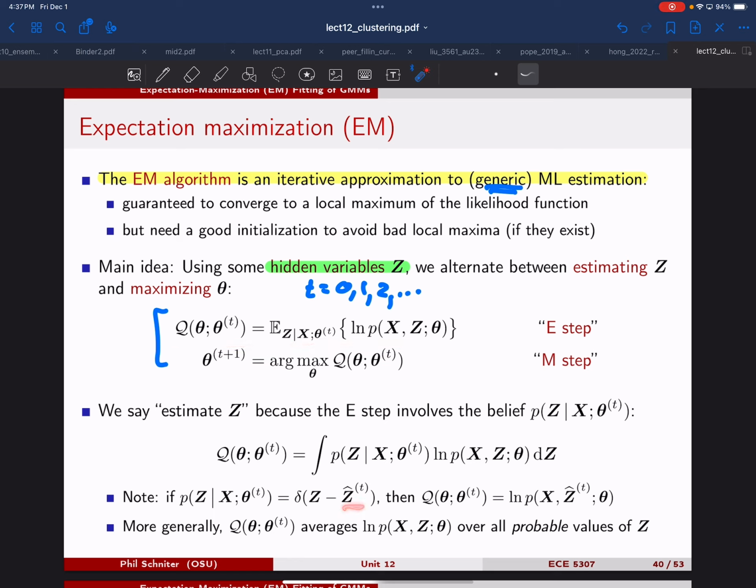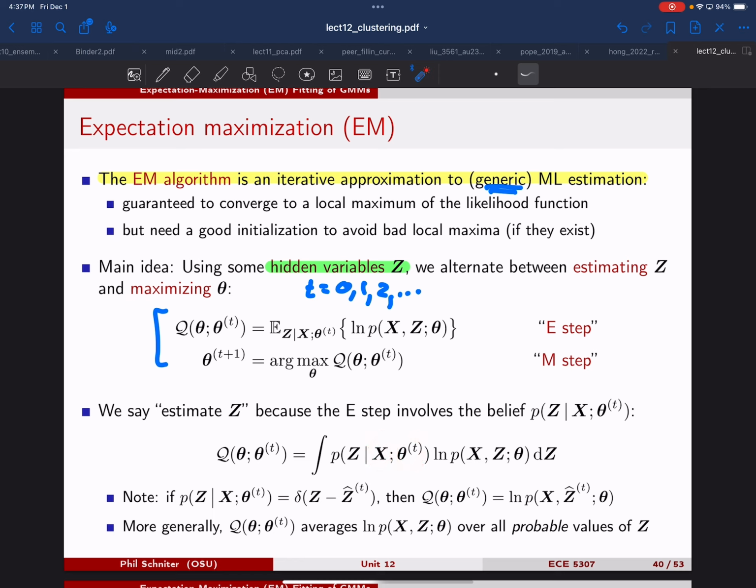That's what it would be if you were absolutely positive in your guess about z hat. Now in reality, when we're at this iteration of the algorithm, we don't exactly know what z hat is. We have a belief, well, it might be this, it's probably more likely this than that, and so on. And so essentially we have a probability distribution. That is this thing. This is like our state of knowledge about z, given our data and given our guess about theta at that iteration.